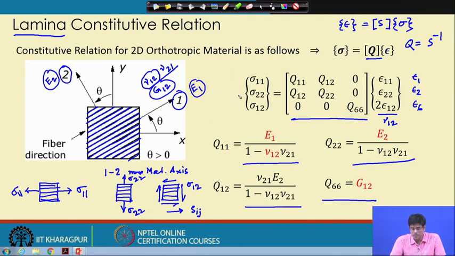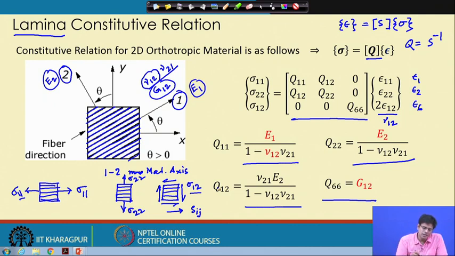Now the important thing here is that whatever we are doing, in this constitutive equation, all these 1 1, 2 2 and 1 2, the fiber direction and loading direction or the structural axis remain the same.